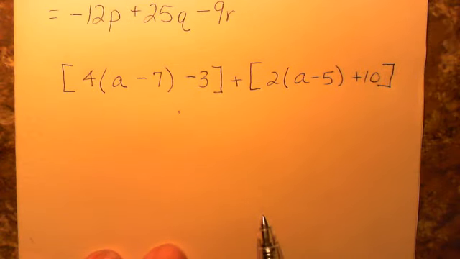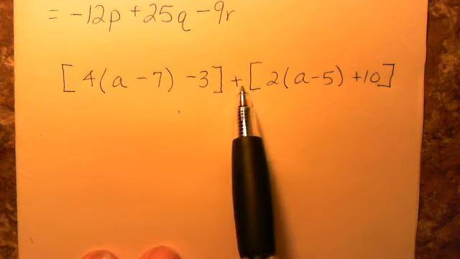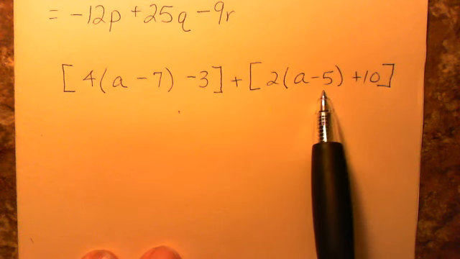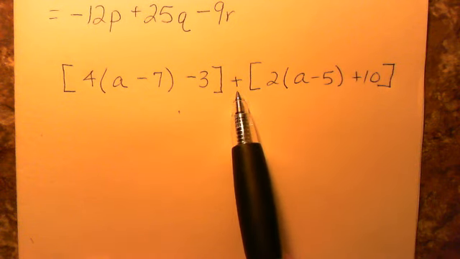Okay, it looks like a challenge, but we can work our way out if we just stick with the order of operations. So we have brackets and inside parentheses, brackets and inside parentheses, and a plus sign between the two brackets.